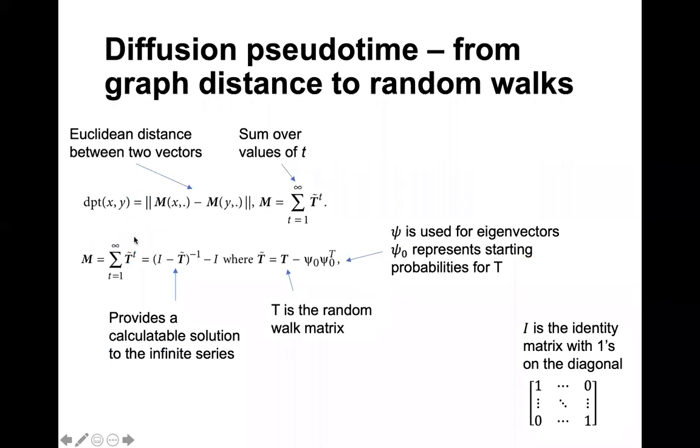And then the rest of this is actually not that important for you to understand. What this term says is that they perform this analysis over essentially every possible set of random walk lengths. So right, we're talking about the probability that after 10 steps you'd be at this point, but what about the probability at 11 steps and then 12 steps or 100 steps?